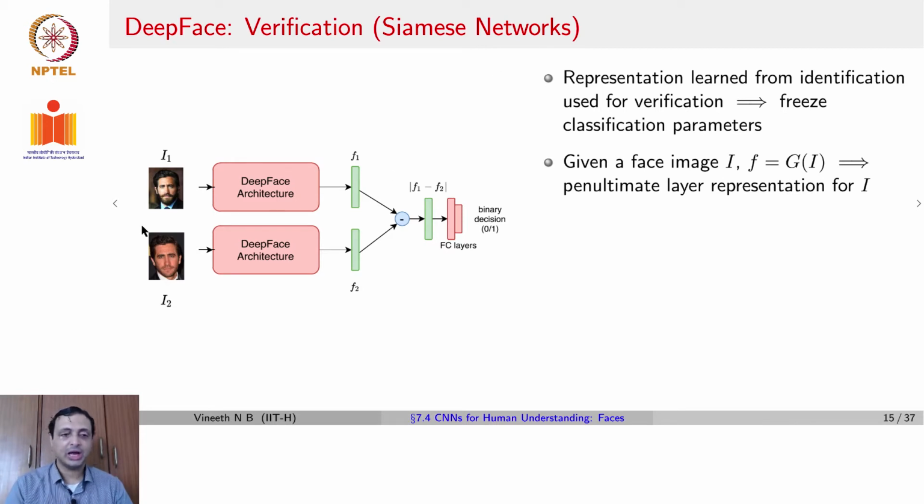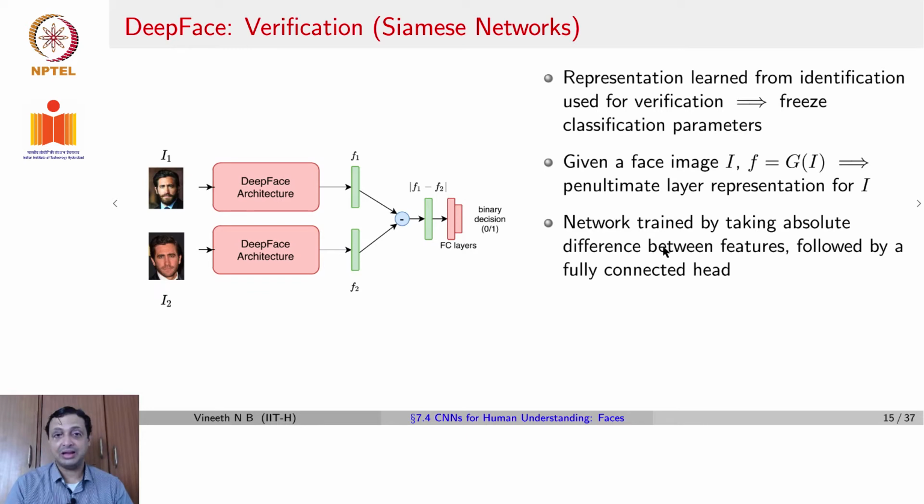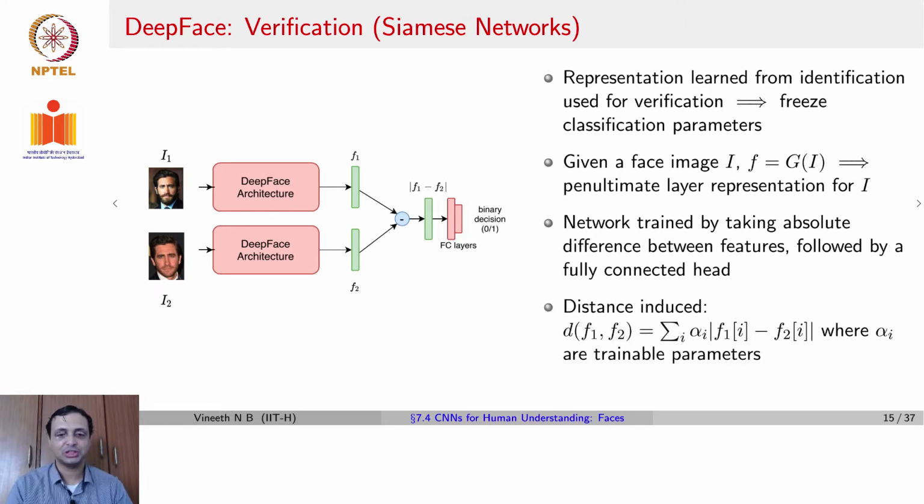Given a face image I and its corresponding image in the record which the person claims to be, you get two representations, F1 and F2, which is G of I1 and G of I2. The rest of the network is then trained by taking an absolute difference between F1 and F2, followed by a fully connected layer, and then your final binary decision with a sigmoid activation function.